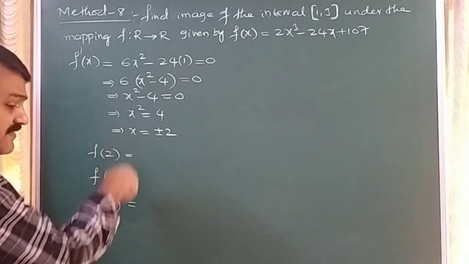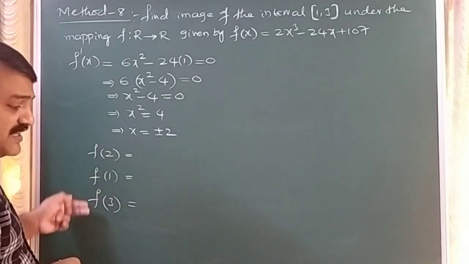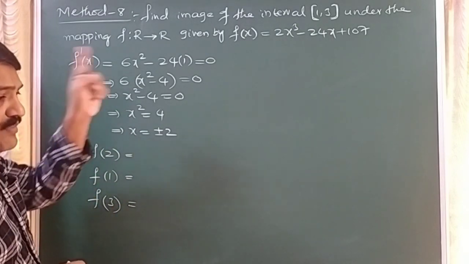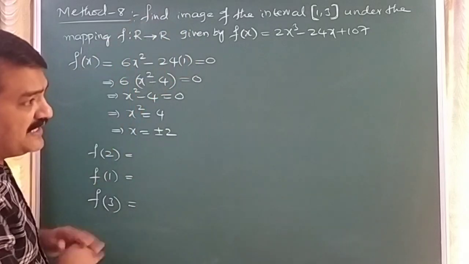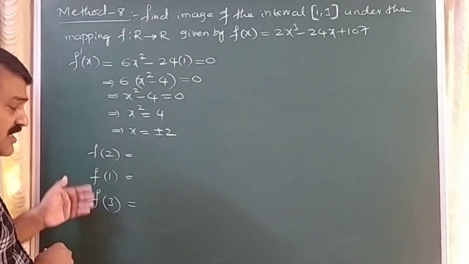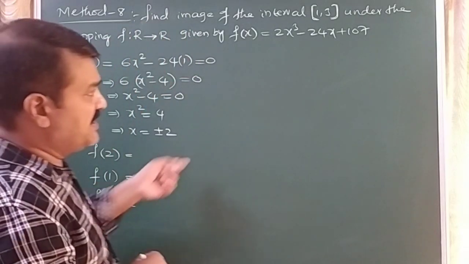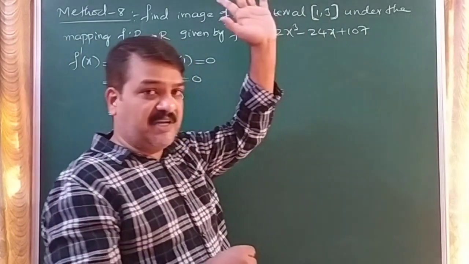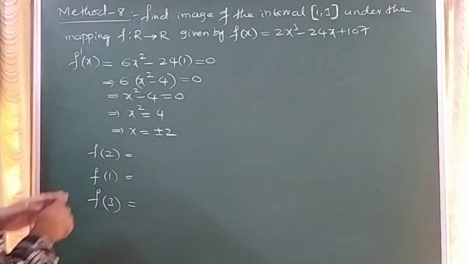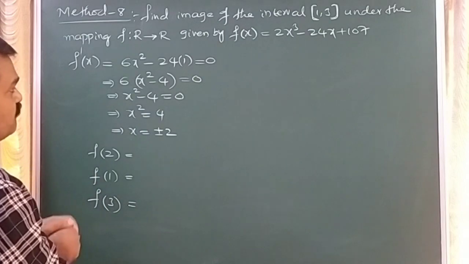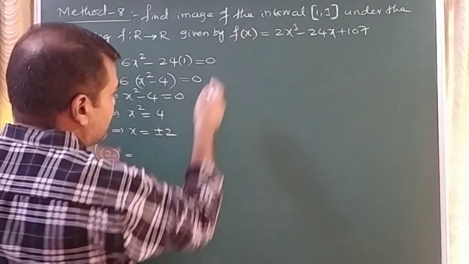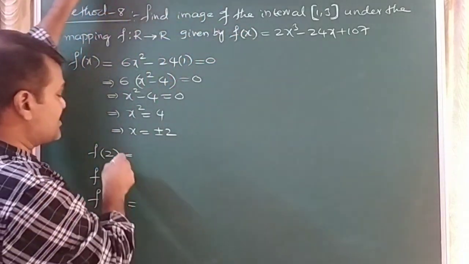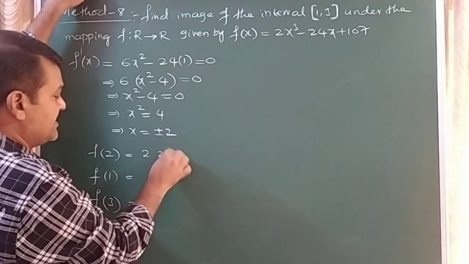Now among these three values, whichever is lesser will be the minimum of the function in that particular interval, and among these three, whichever is higher will be the maximum of the function in this particular interval. Let us do f of 2 first. So f of 2, this is the function. Replace x with 2.